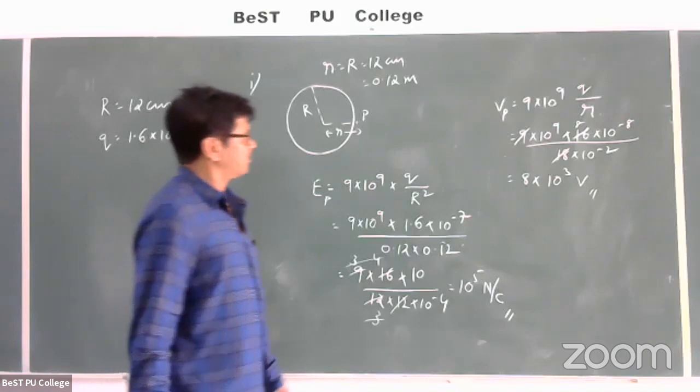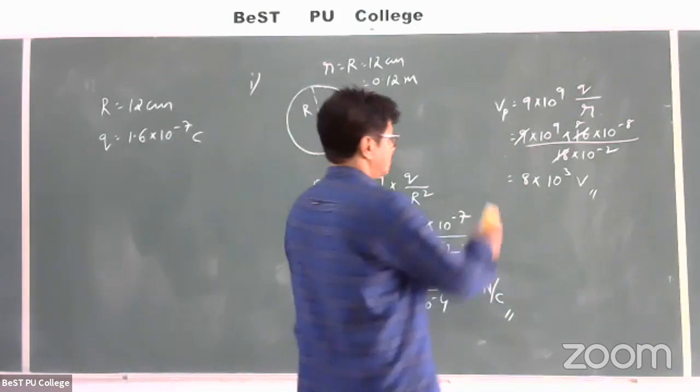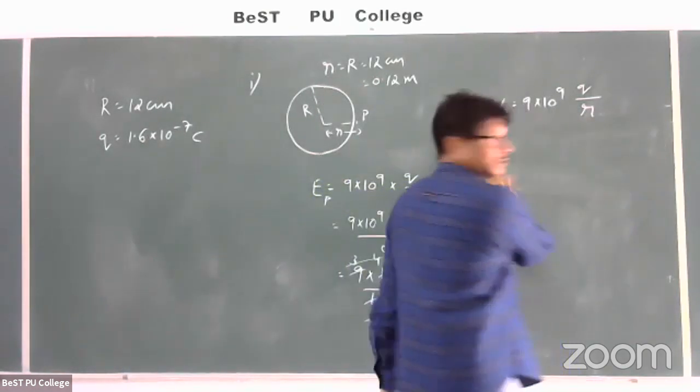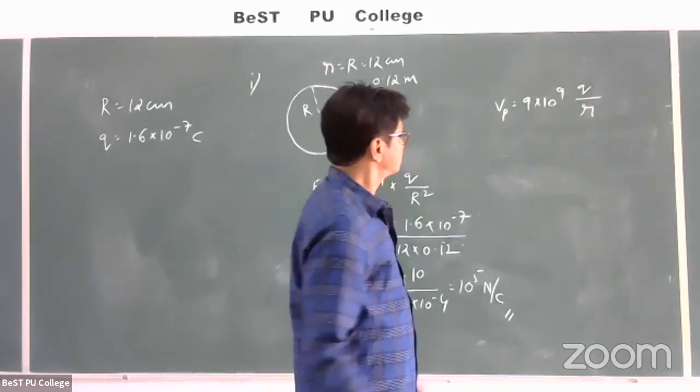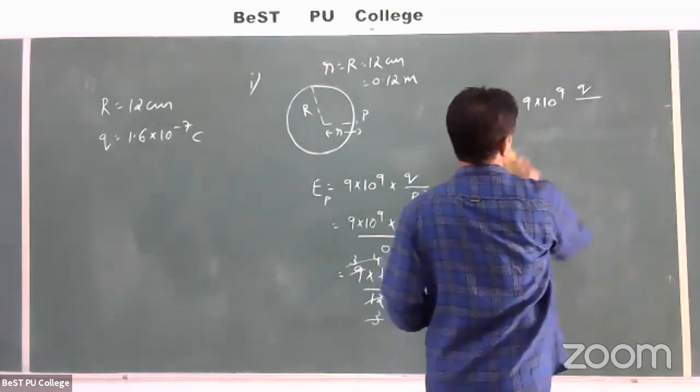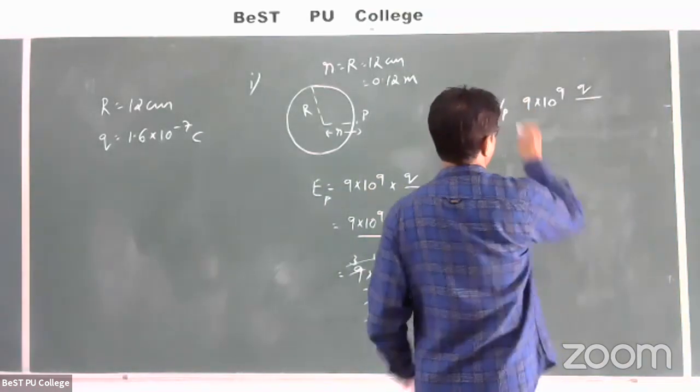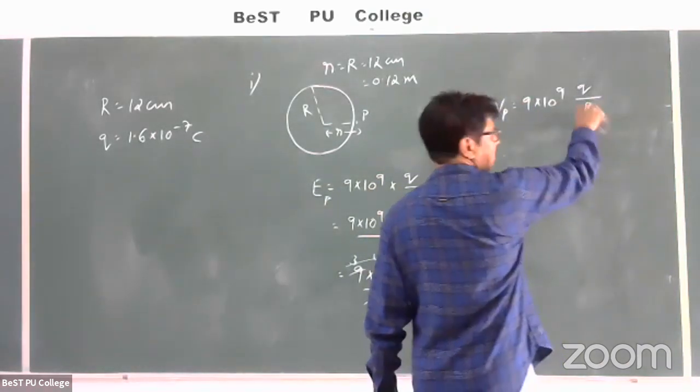Similarly, the electric potential now. Vp is equal to 9 into 10 to the power of 9 Q by capital R, which I should take.